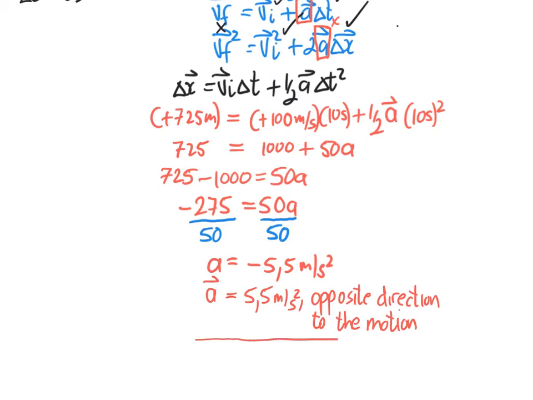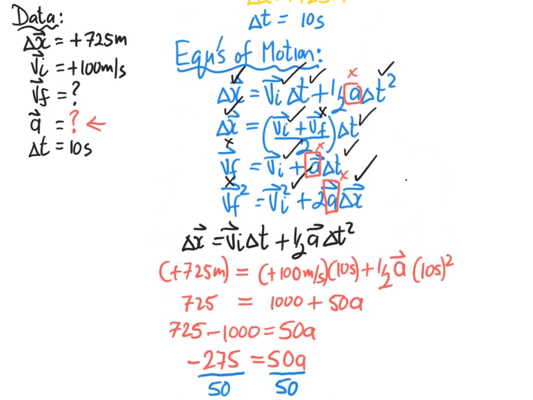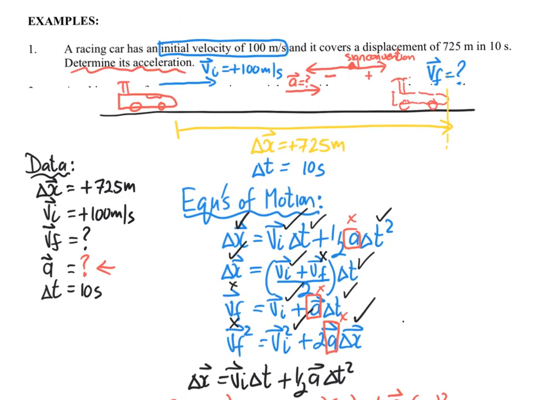Now, it wasn't asked in this particular problem, but I would like you now to pause the video and attempt to work out what the final velocity would be for this vehicle when it has reached this point here, where it is 725 meters from its original position.